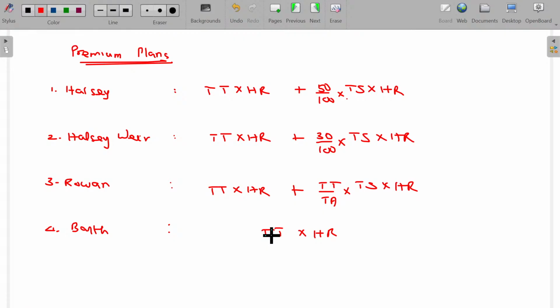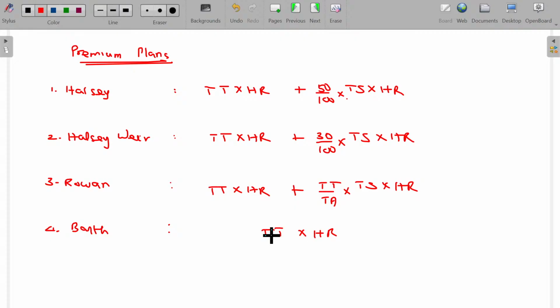So in all the cases, time taken into hourly rate is the salary for the hours worked. While comparing the standard time, I allowed you to complete the job in 10 hours, but you completed in 8 hours. So 8 hours salary is given. For the 2 hours you saved, 50% for employee, 50% for the management.